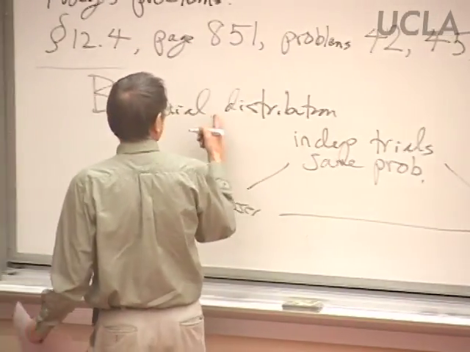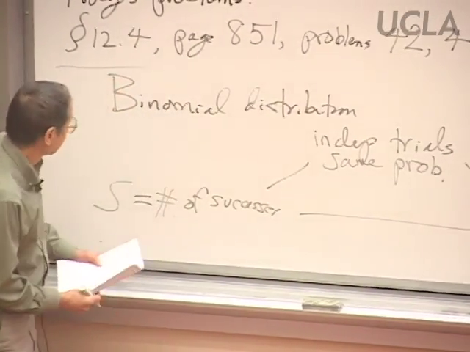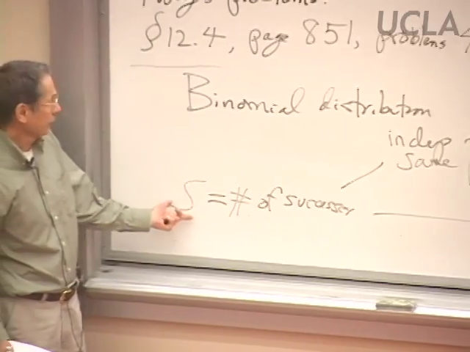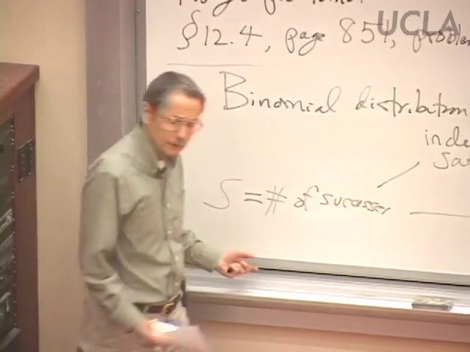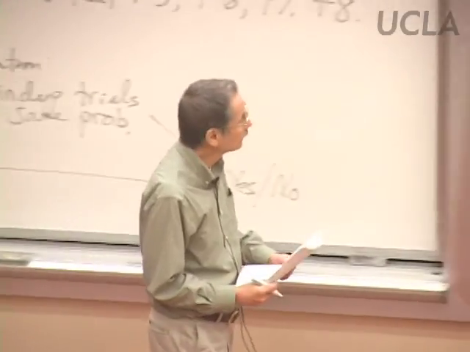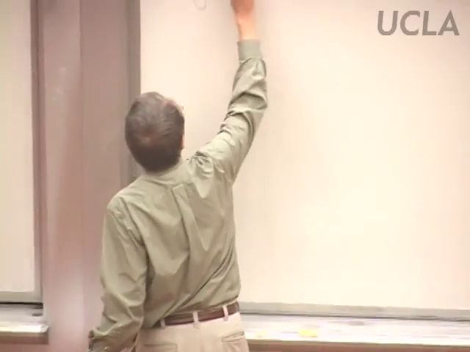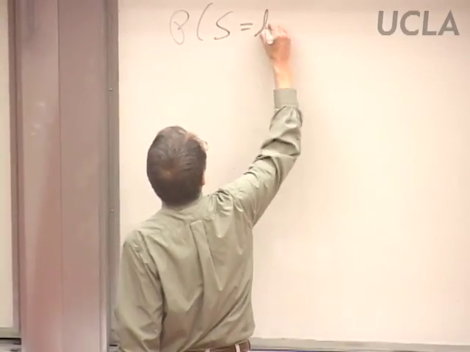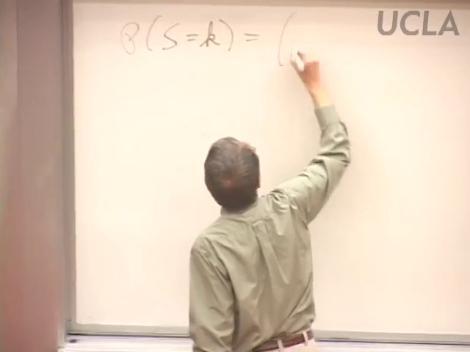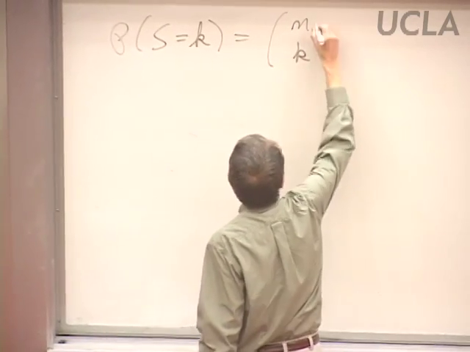First, for the binomial distribution, let me write down again the formula for the probability mass function. Well, the formula you know.